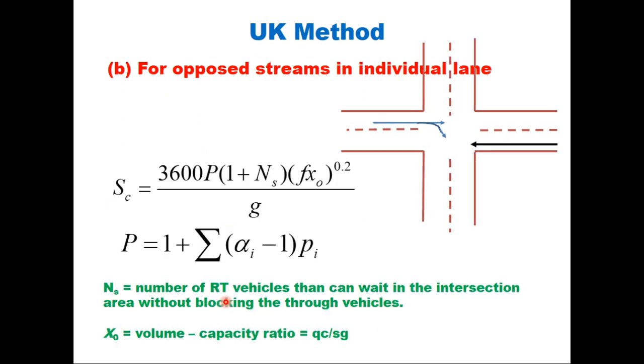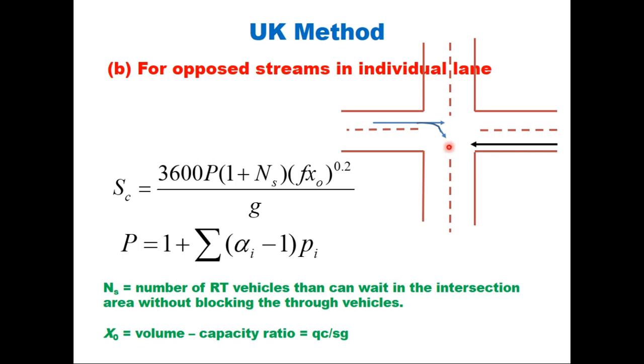where this P is given by 1 plus summation of alpha i into Pi, that is basically equivalent flow in PCU per hour. Alpha i is the PCU factor for a vehicle type i, and Pi is the proportion of that particular vehicle. NS is the number of right turning vehicle that can wait in the intersection area without blocking the through vehicle.